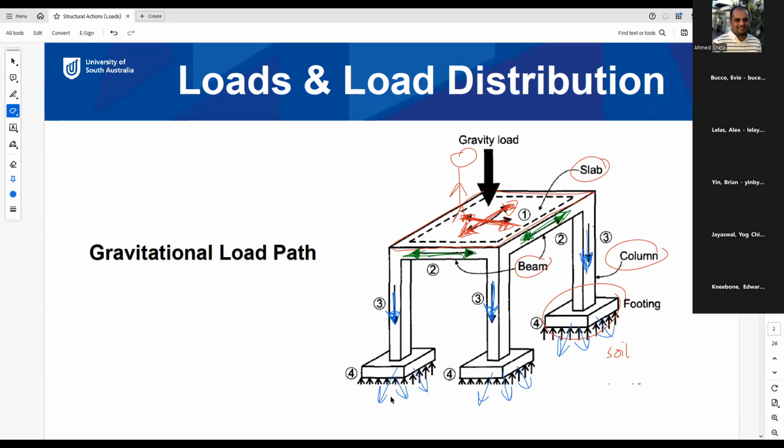Okay, so if we ask you about the sequence of this load transfer, the gravitational load, which is vertical load, will transfer from slab to beams, then to columns and footing, and finally to the soil.